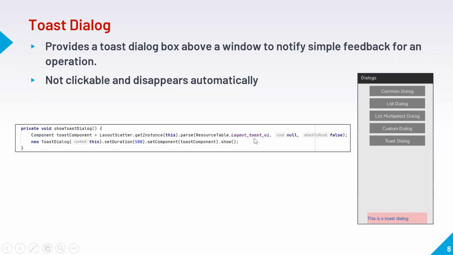Here I have created my own UI, and then inside you can create an instance using new toast dialog, passing the context and duration, and with set component, we pass the component of this toast. Then like usual, dot show to display it. This is not clickable and it disappears automatically. It just shows a feedback and then disappears. So that's about the dialog part.